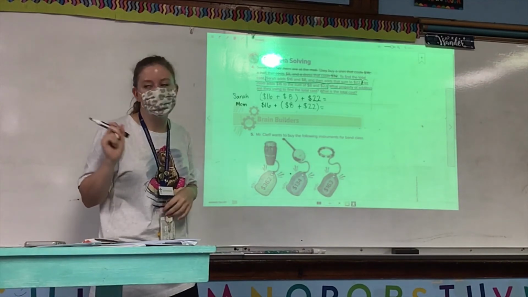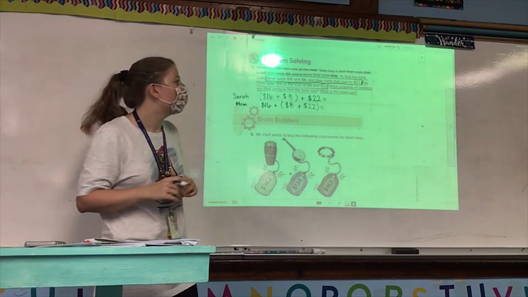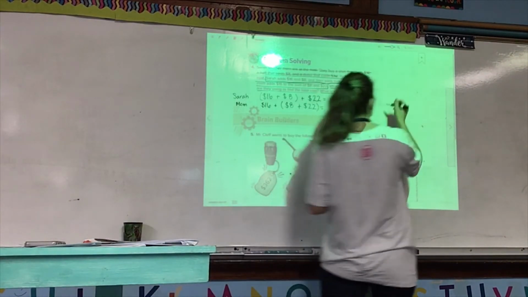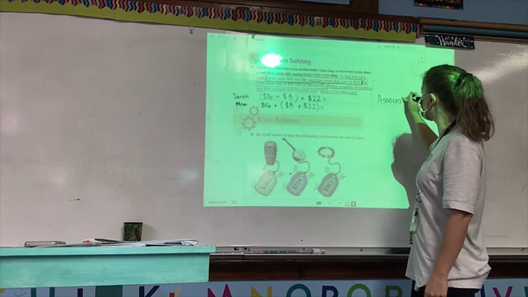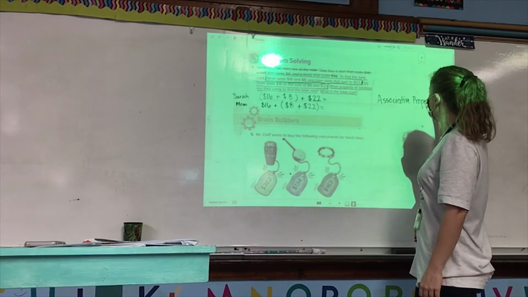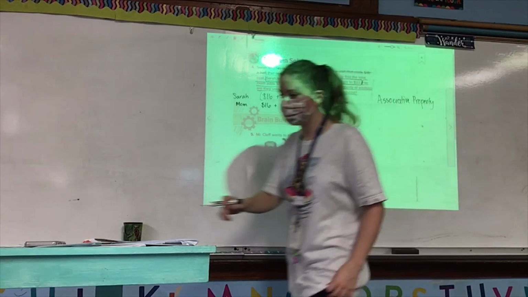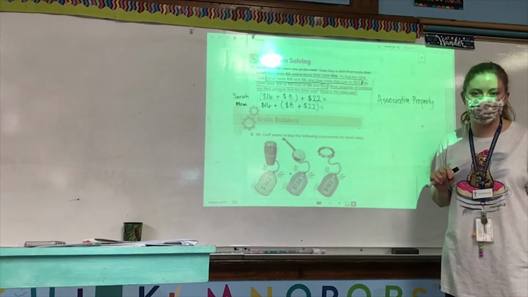Which property has the keyword group, Carla? Associative property. So we already know it's going to be associative property, but now we have to solve.